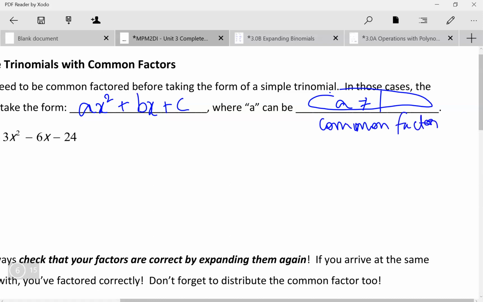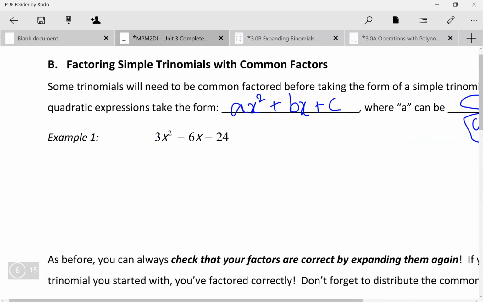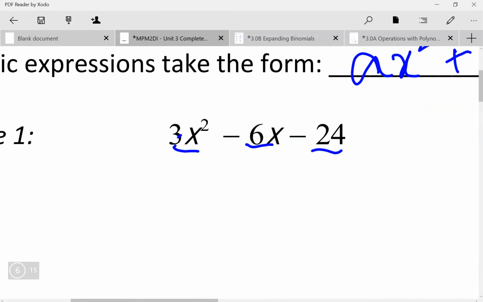That's the key part here that we are going to be talking about. So a is not equal to 1, so you might think it's not a simple trinomial, but if you look at these three terms, let's look at the number that we can common factor out.